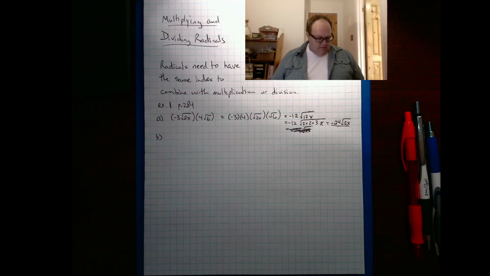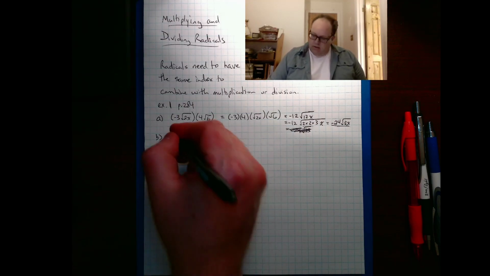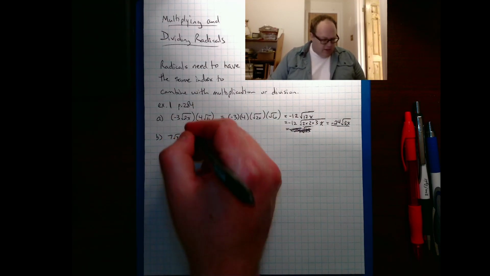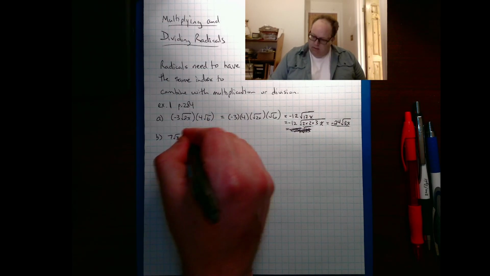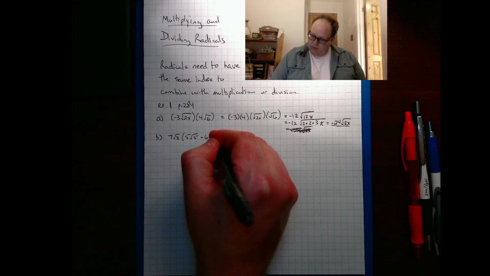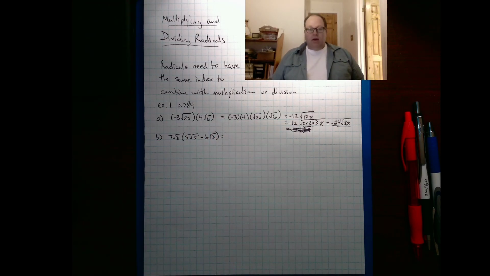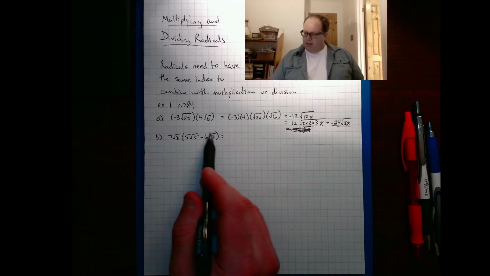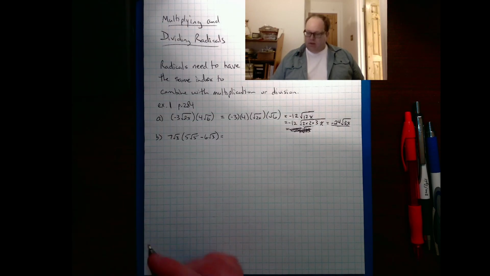Moving on, in B, we're asked to multiply 7 root 3 by 5 root 5 minus 6 root 3. Now, my normal algebra operations and order of operations still holds. So if I'm multiplying everything in this set of brackets by 7 root 3, what's going to come out of that?